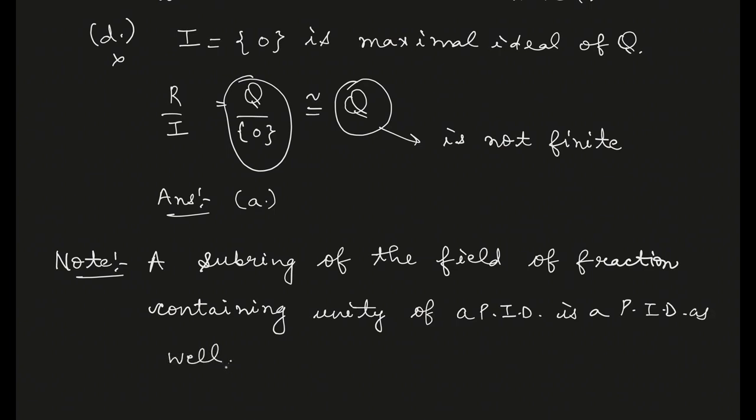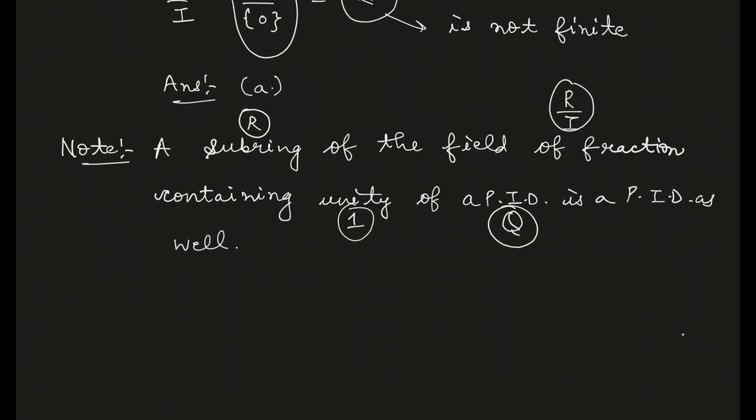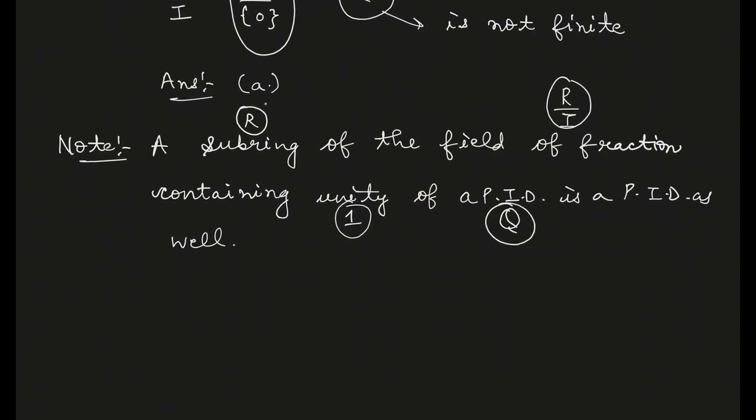Here the field of fractions was R by I and R was a subring containing unity of a PID. Rational numbers is a PID as well. That's why the answer is option A. R is a PID.